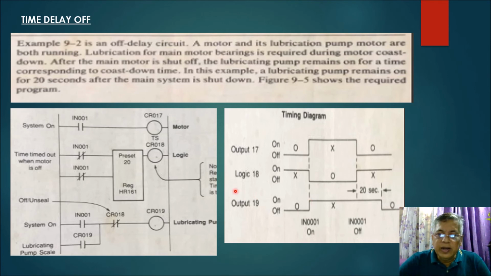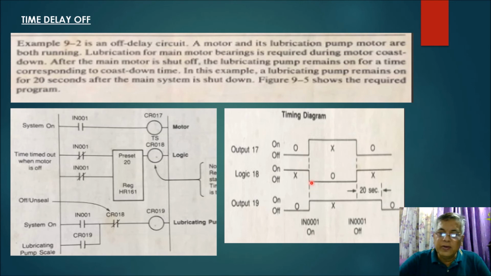While logic 18 will turn off, from 1 to 0. Why? Because when you press input 001, this one here, which is normally closed, will open. So when it is open, CR18 will be de-energized, so it goes from 1 to 0.